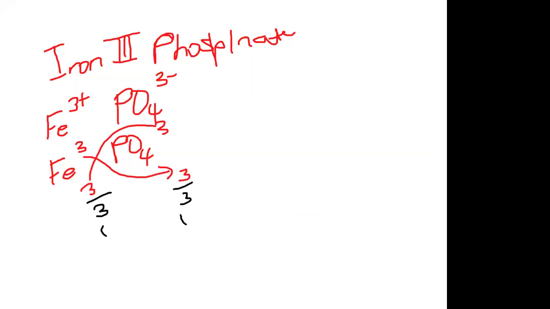Remember last week I said once they have the same charge or the same valency, we use 1 of each atom. So here, phosphate is a polyatomic ion. But when we divide 3 by 3, how many phosphate ions do we now have? 1. So it's Fe P.